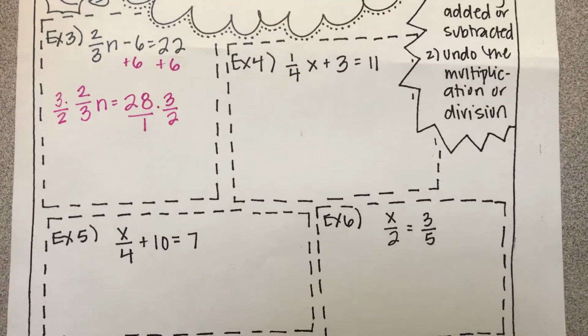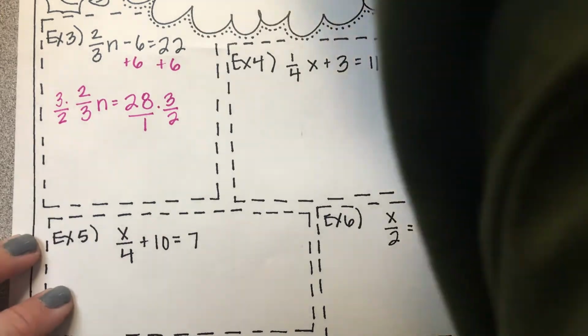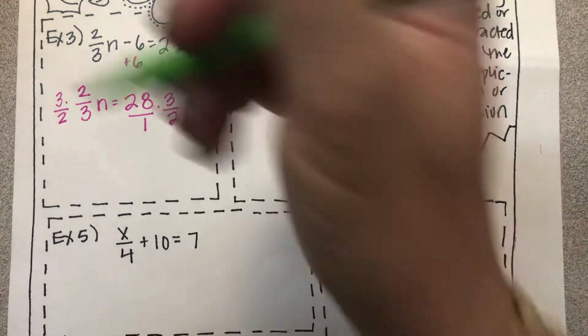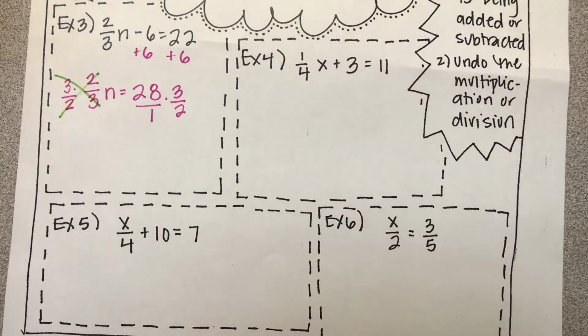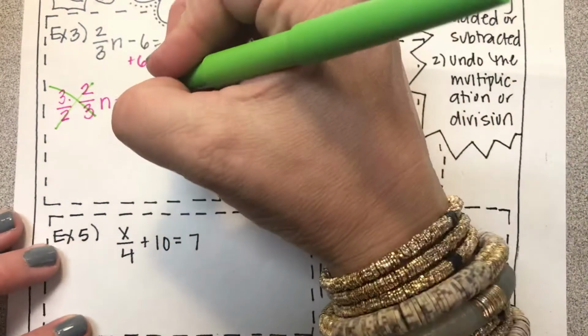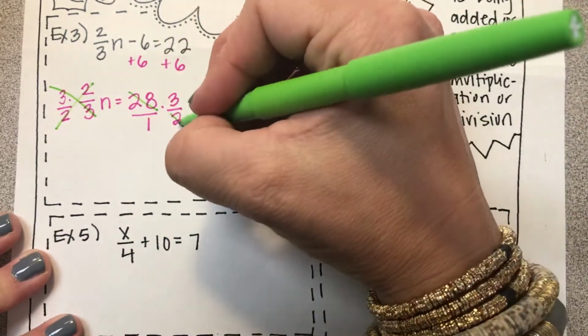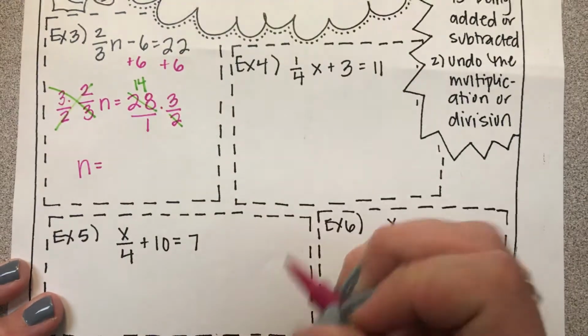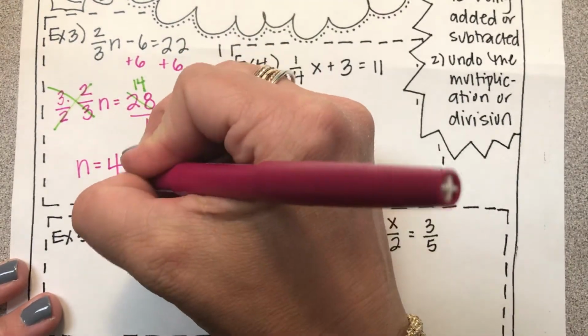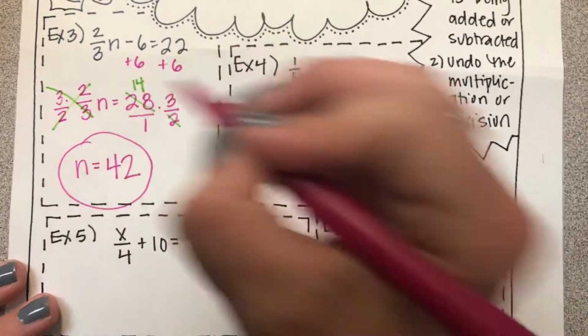And the reason that I have to do that is because I want it to cancel out. So 3 and 3 cross reduce, 2 and 2 cross reduce, and those go away. So now I can reduce 28 and 2. 2 goes into 28 14 times. This has canceled, so n is going to equal 14 times 3 is 42.